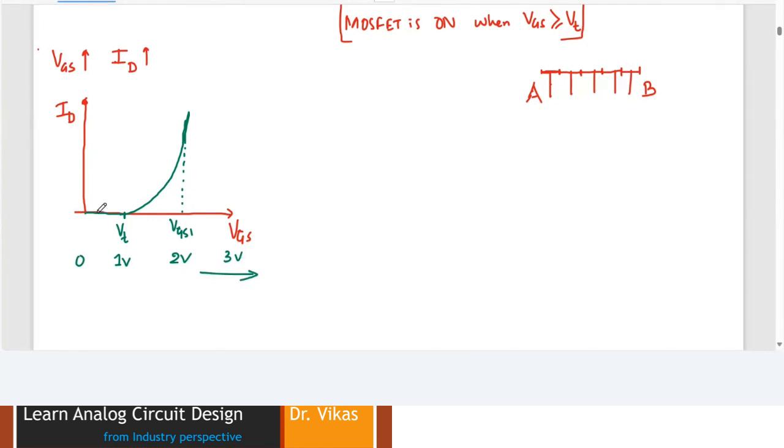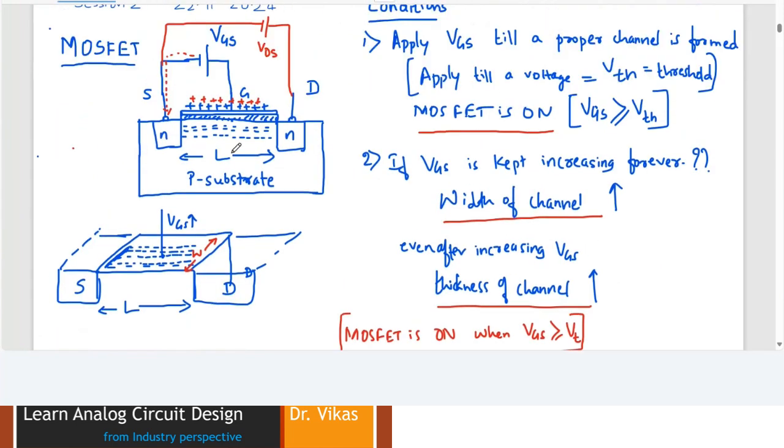So you keep on increasing the voltage, the current won't increase further, and this can be verified with an experiment. That would be our first experiment to verify the drain current versus gate to source voltage. So this is basically the concept that happens with respect to ID versus VGS, because the fundamental aspect of using VGS is to turn on the MOSFET and not to ensure the flow of current. That's it.